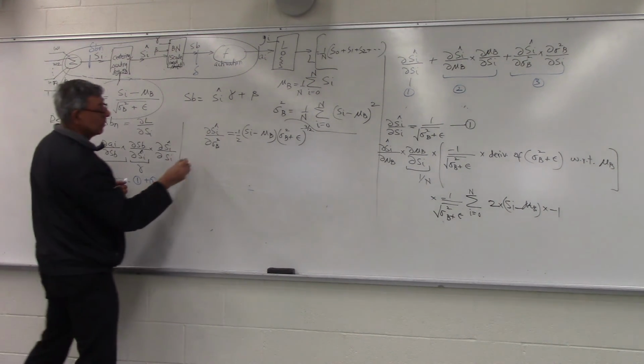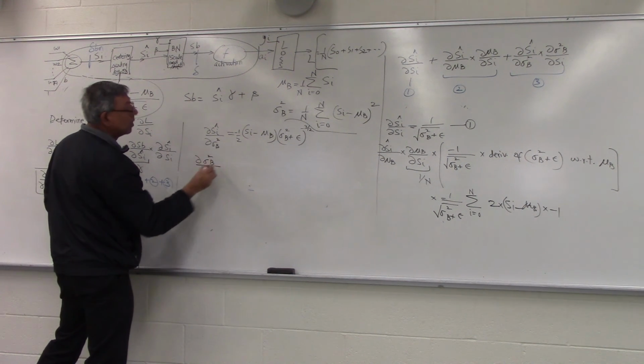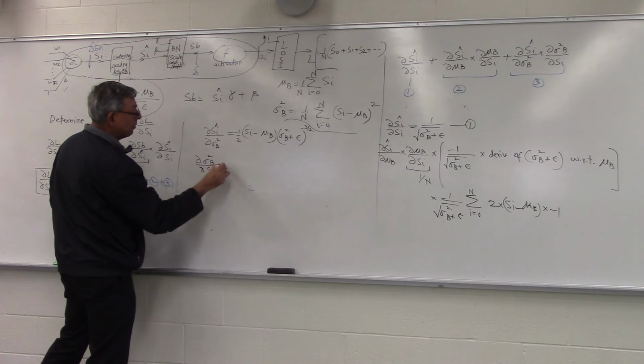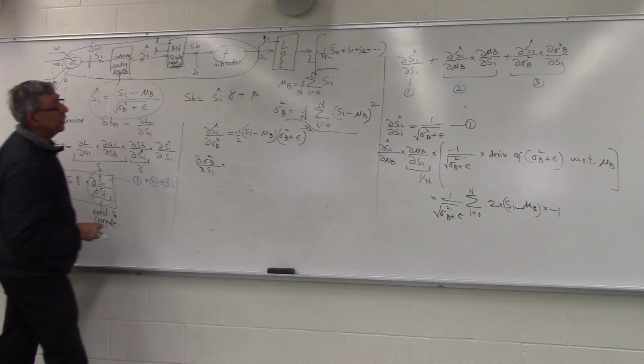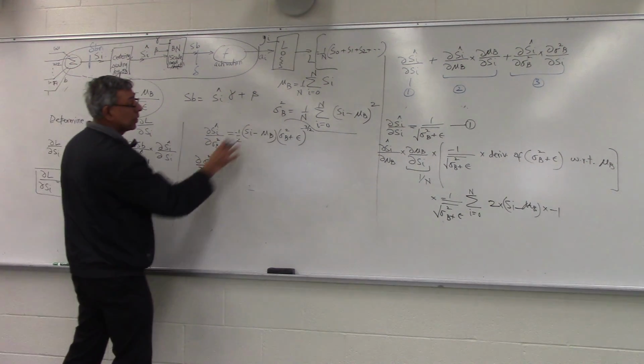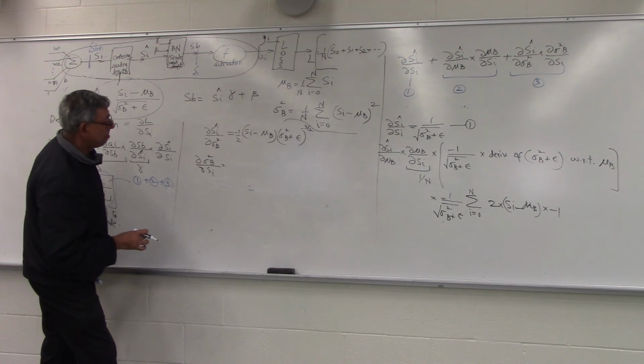Lastly, partial sigma square B over partial SI. That was the last thing we needed in term 3. So this will be just one term, right?